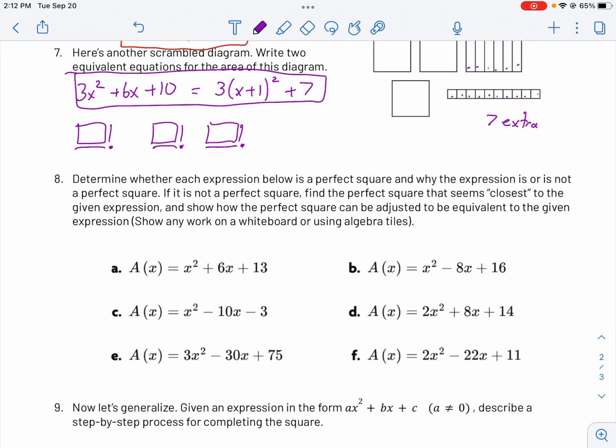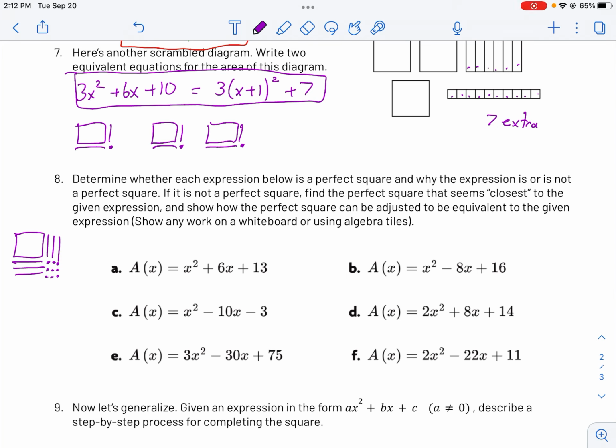So starting with A, I have x squared plus 6x plus 13. Okay? So if I'm going to determine if it's a perfect square, I'm going to draw out my diagram. All right? I have x squared, I have 6 x's, so I'm going to put 3 on each side. And then I know that to complete the square, I have 9 little dots right there.